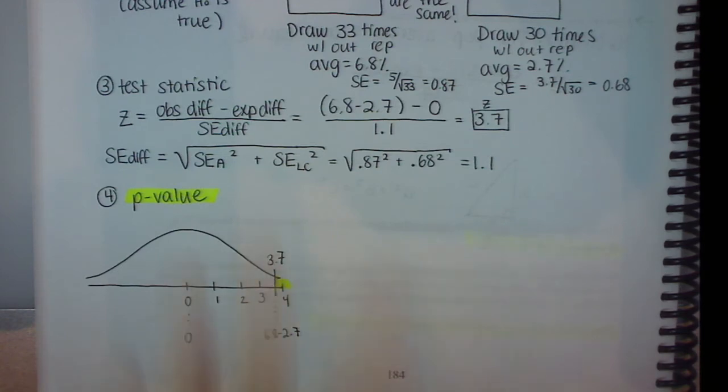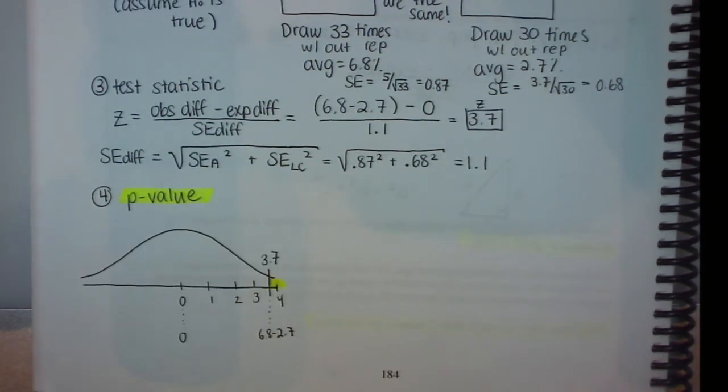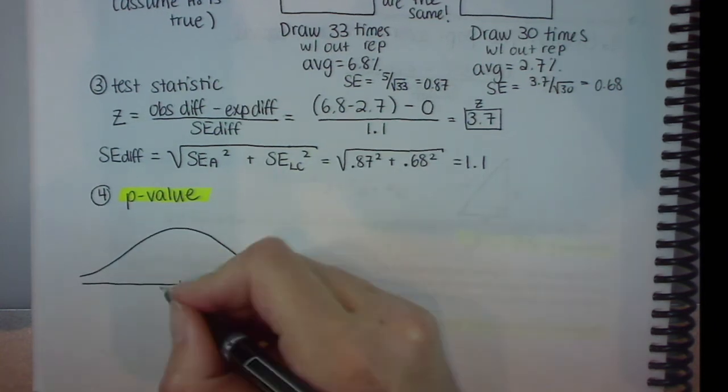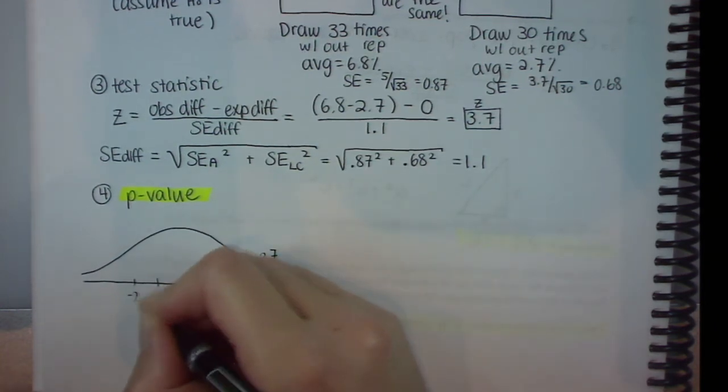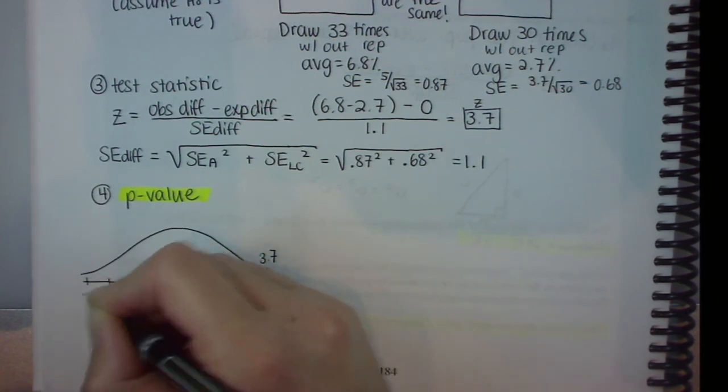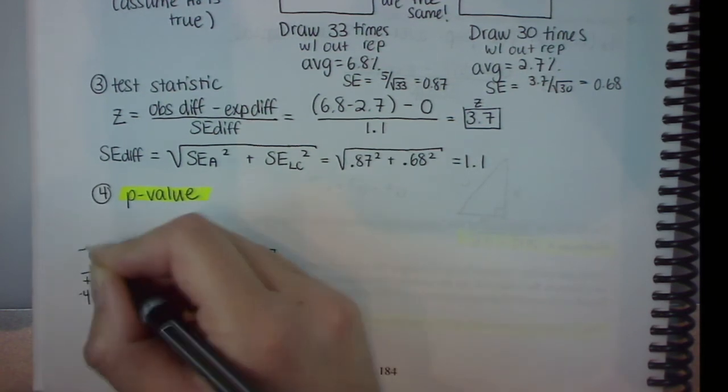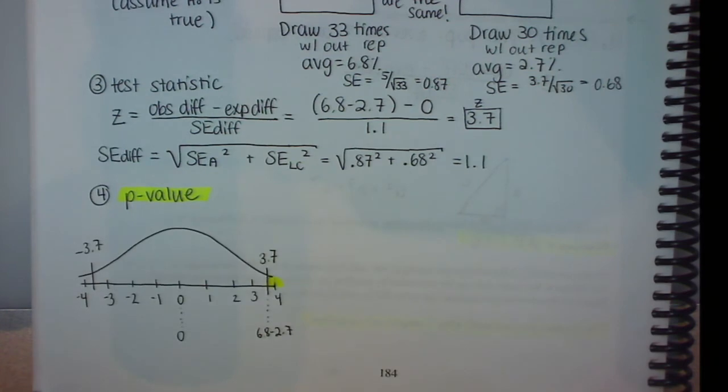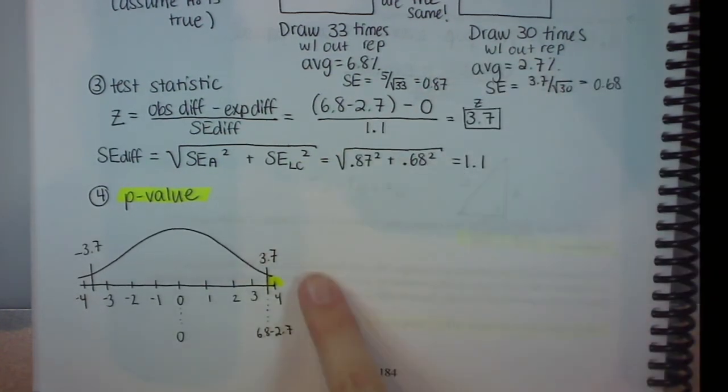And the way I figure this out is just if I look up 3.7, that will give me the middle area between positive 3.7 and negative 3.7, which let's look at that really quick. Our p-value, I think, is going to be tiny, but we definitely want to use the normal table to figure out the exact amount.